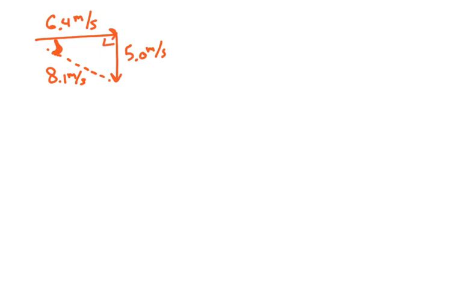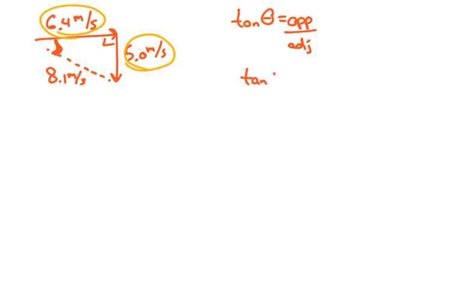If we deal with the sides of 6.4 and 5.0, again, that's first-hand information, always best to go with that. We can use tangent, which is opposite over adjacent. Five being the opposite side, 6.4 being the adjacent side.